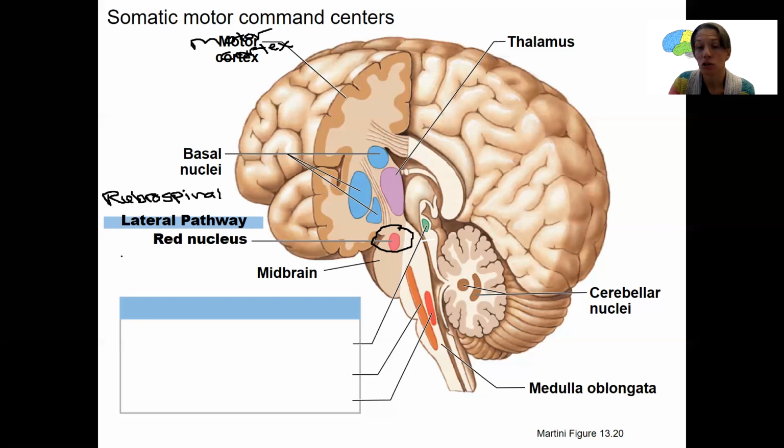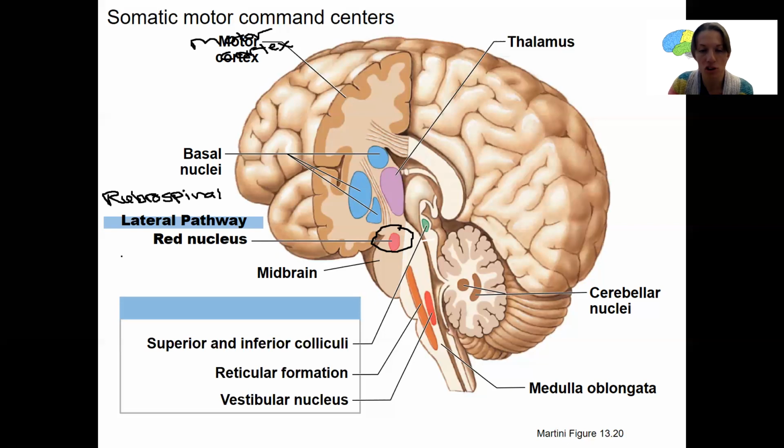Okay, the other structures here that you may be familiar, they look a little different here. We've got the superior and inferior colliculi. Then two more that I don't think I mentioned before. The reticular formation and the vestibular nucleus are both part of the medulla oblongata. These make up the medial pathway.